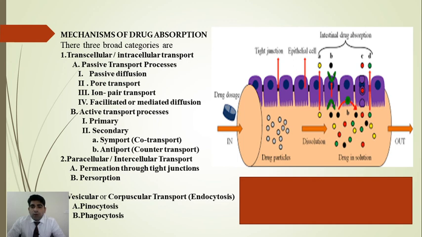When the drug molecule comes into contact with the cell membrane, it gets engulfed by the cell membrane and converted into a vesicle, and then this vesicle travels through the cytoplasm and releases the free drug molecule to the other side of the membrane. So finally we conclude this lecture by classifying the mechanisms of drug absorption.